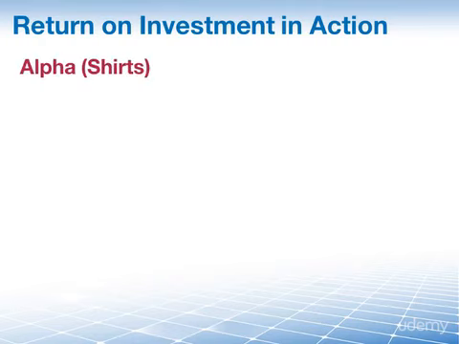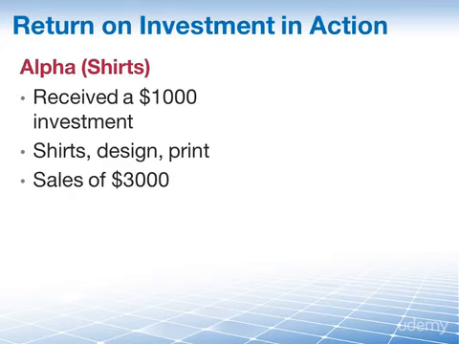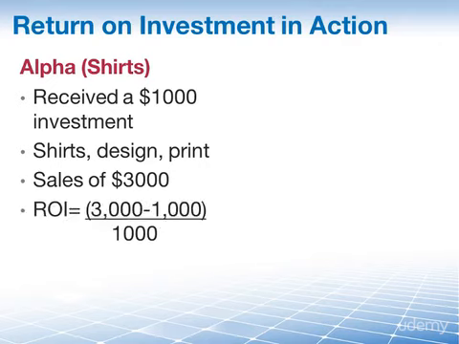Project Alpha receives those $1,000 in seed money, which they spend on shirts, creating a design, printing the design onto the shirts, and they spent the year selling the shirts that they had, and they sold $3,000 worth of those t-shirts. So the ROI is 3,000 minus 1,000 divided by 1,000, which means you have 200% for your ROI.